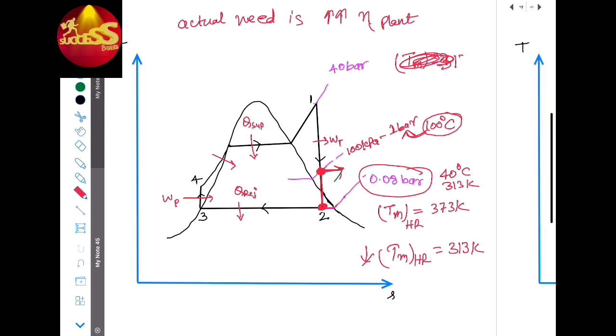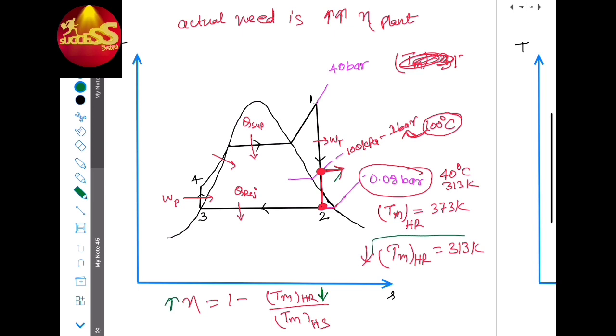So you know that the efficiency of the plant is what? 1 minus T mean of heat rejection divided by T mean of heat addition, heat supplied. So if I decrease this, then efficiency will increase.